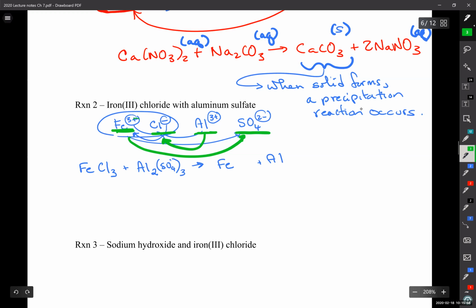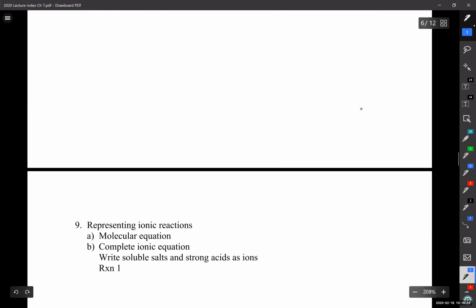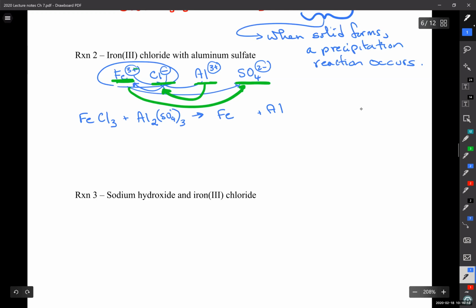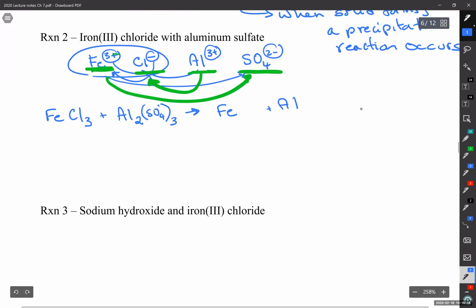I have a 3 plus charge here, and then I have the 2 minus over here. So it's going to be a 2 down at the bottom of this one, and then in parentheses SO4, 3 like that.